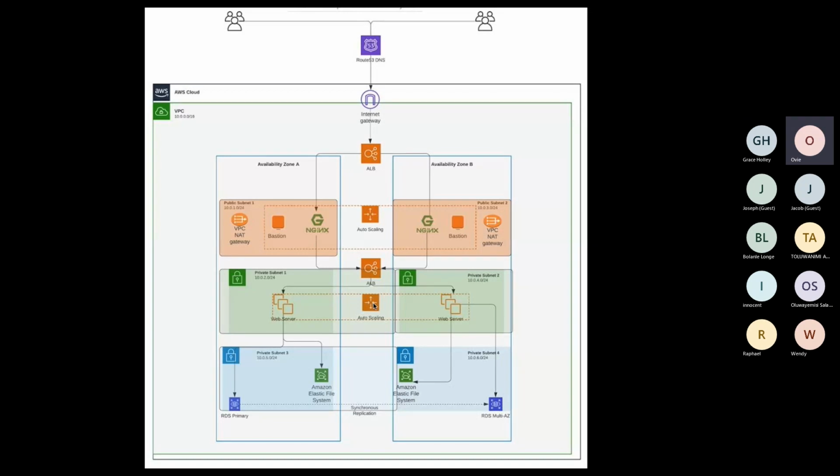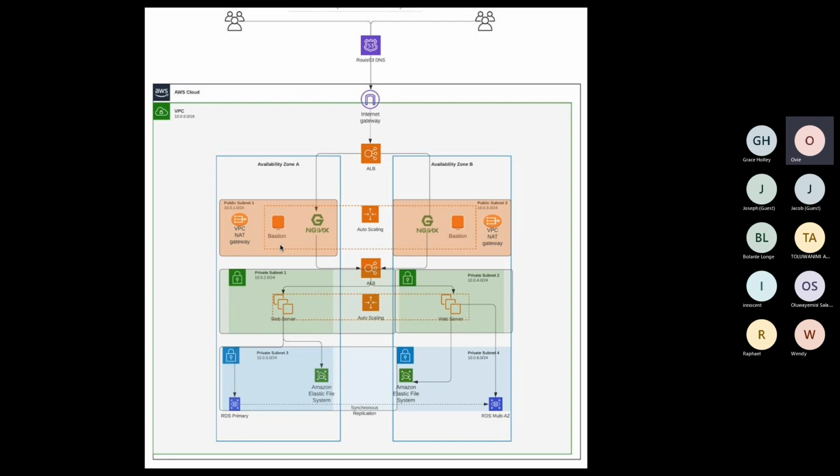If you notice, these servers are connected to our Elastic file system and also to our database. Now, if we come up here, we'll see that the Bastion host and the Nginx proxy server are covered by an auto-scaling group, so they are set up to be auto-scaled in case of spikes in traffic.